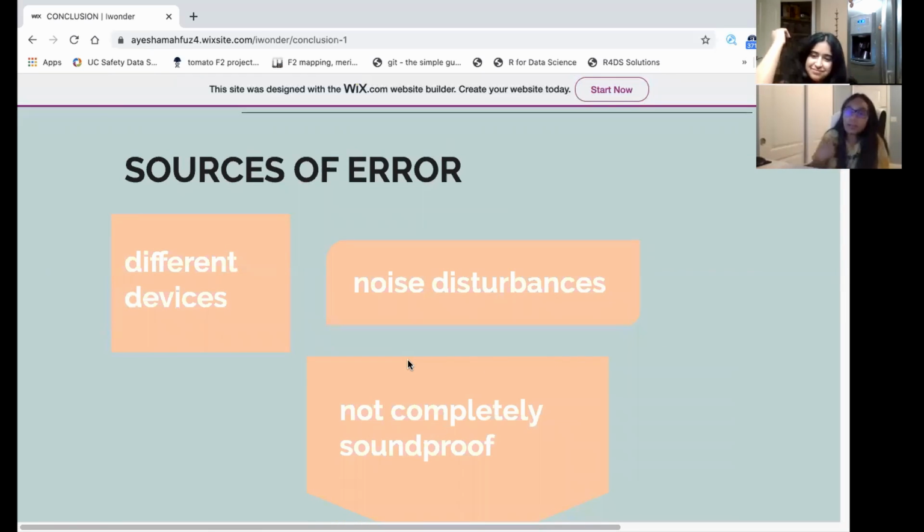Not only did Megna and I use different devices, but within our own experiments we used different devices. We used 2 laptops and a speaker, and obviously this probably had some kind of effect on our results. Ideally we would have 3 of the same laptops, but we obviously cannot afford that.